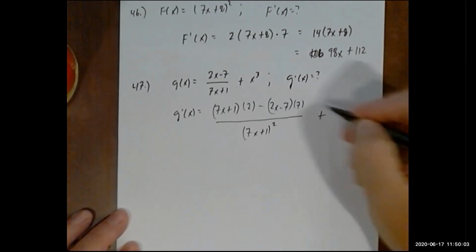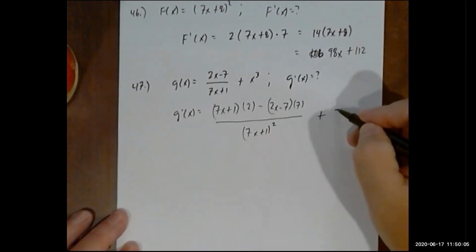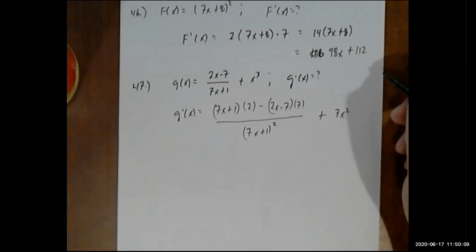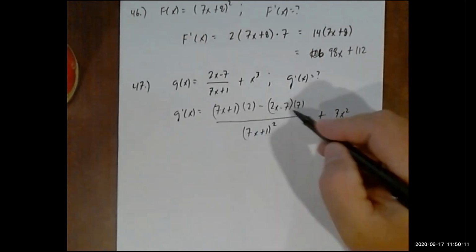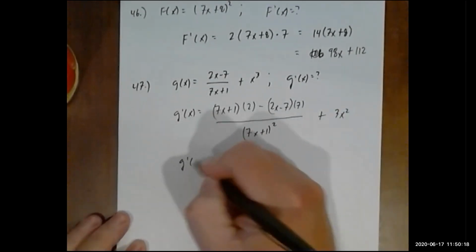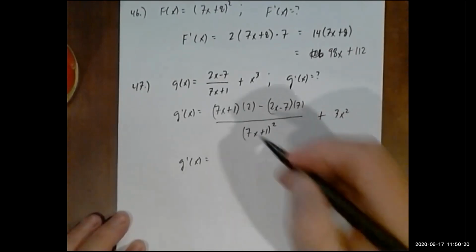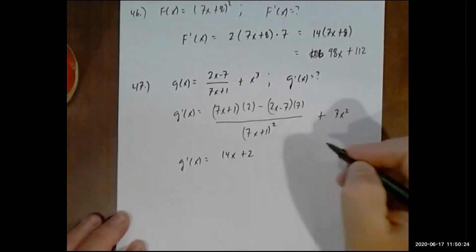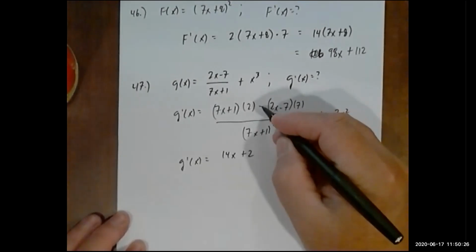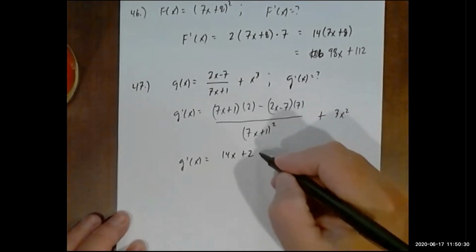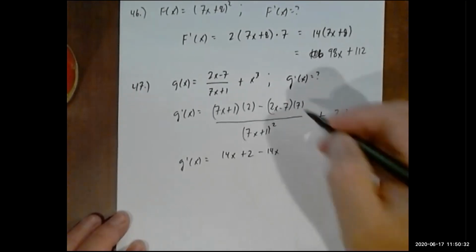So then I take the derivative of x cubed using the power rule. Now what I probably need to do is multiply out these parentheses to simplify the top here, then I'm probably going to be done. 14x plus 2. Once again, be careful, I'm subtracting this whole thing. So 7 times 2x would be minus 14x.